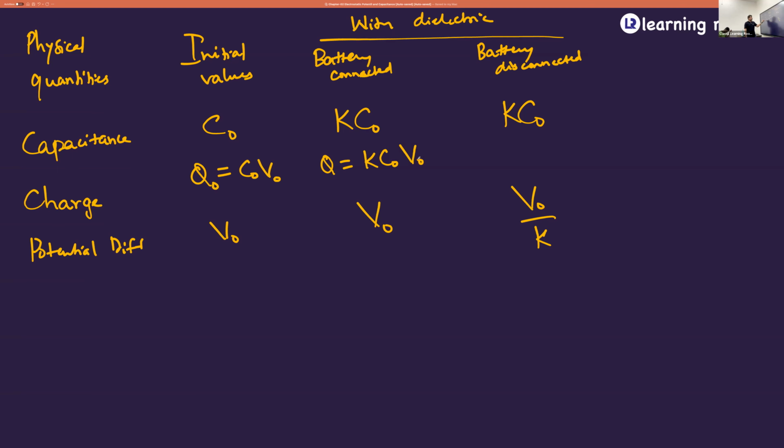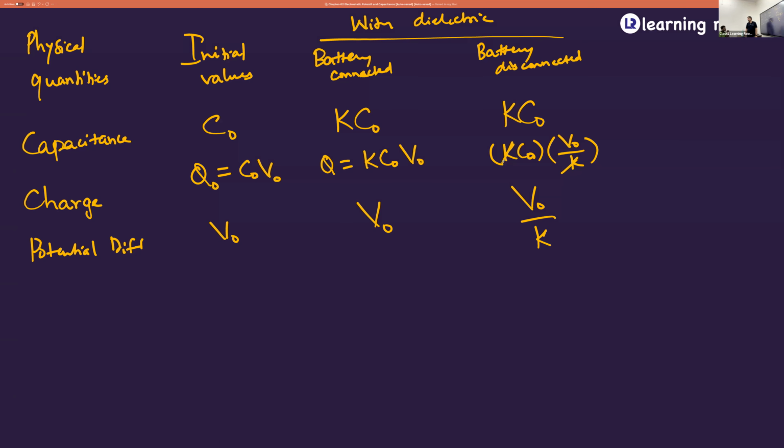Meaning, if the initial charge was Q naught, when you insert the dielectric and keep the battery connected, its charge will increase by a factor of K. Whereas if you multiply here, what is the new capacitance? K times C naught, into what is the new potential drop? V naught divided by K. So K and K will get cancelled. What are you getting? Its charge will be Q naught, when you insert a dielectric and disconnect the battery.